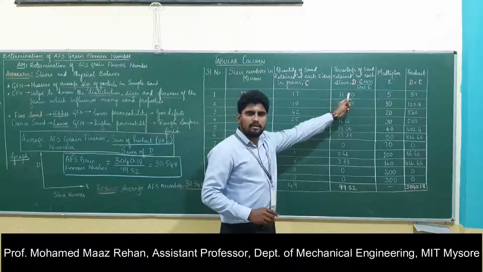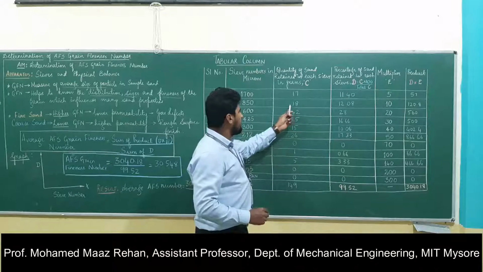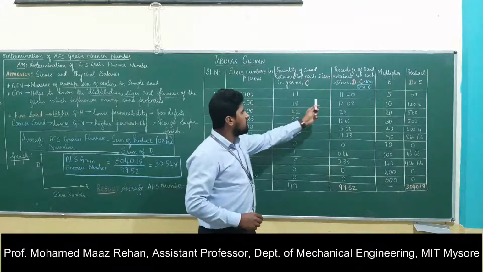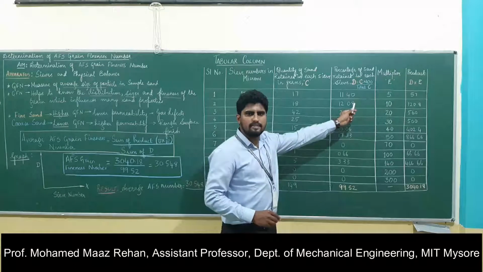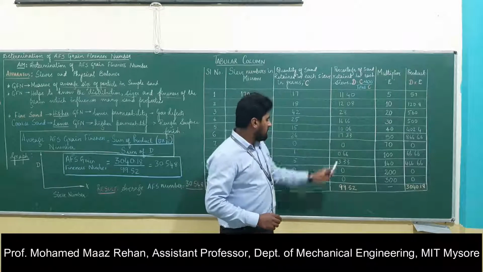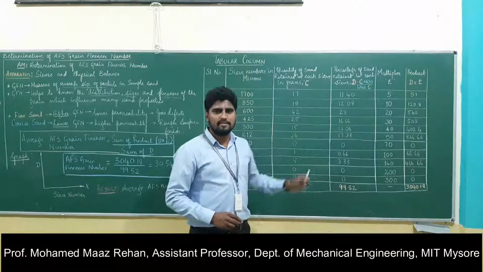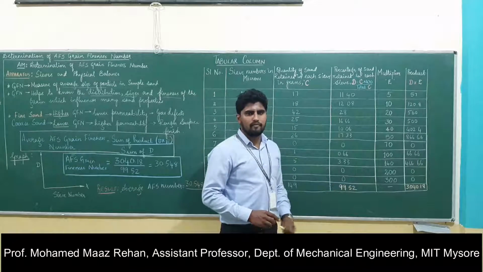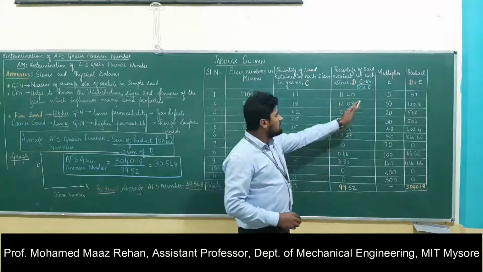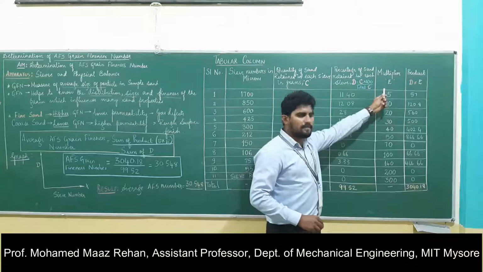In a similar way, for 18 into 100 divided by 149, we got 12.08. In a similar way, we have calculated the percentage retained in each sieve, and the sum is 99.52.